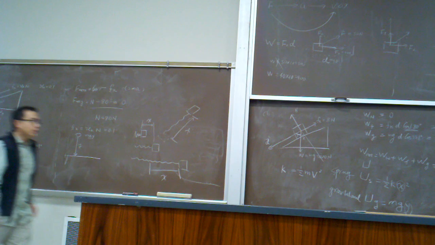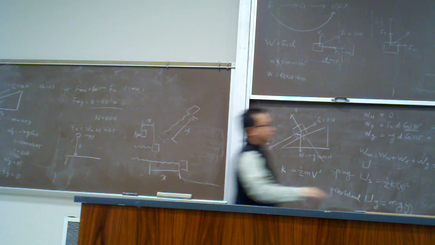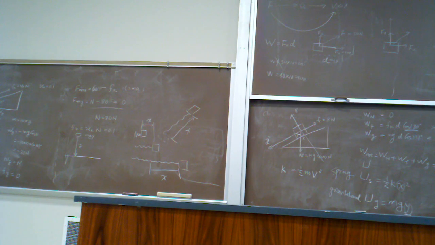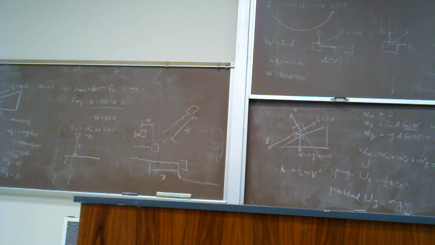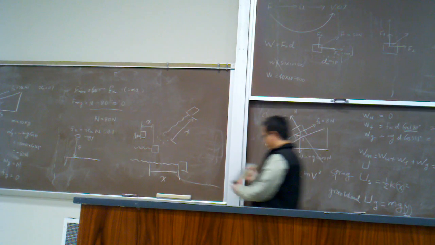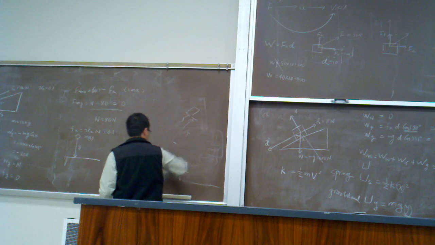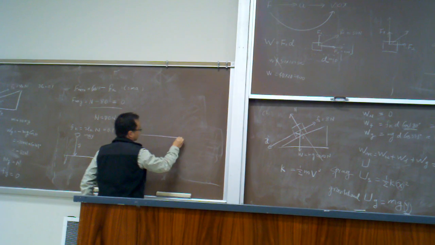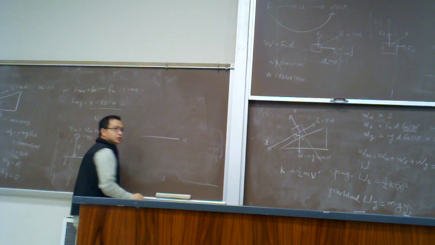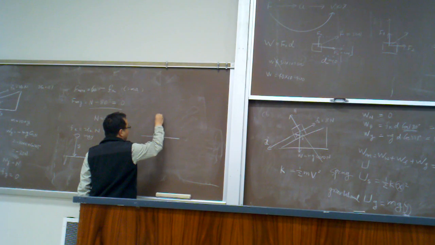But one comment here is that the zero reference point for the gravitational potential energy is arbitrary. You don't have to choose the ground as your zero.